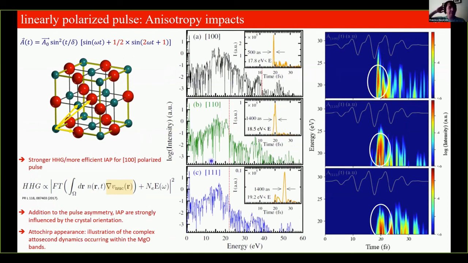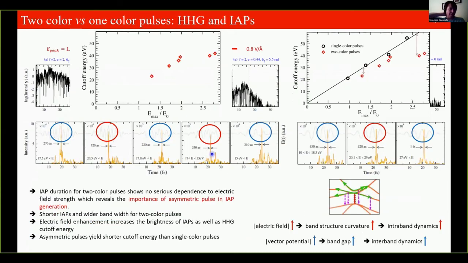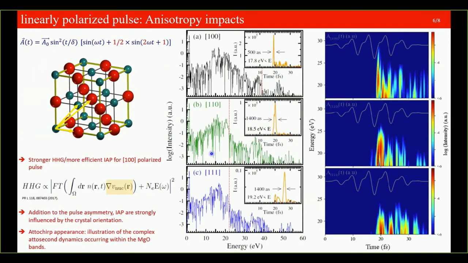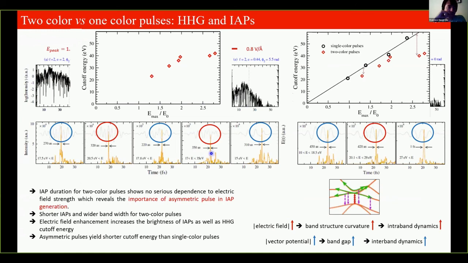I think it was slide number 5, because this is the anisotropy of the material, no, right? Here I don't speak about anisotropy. But in slide number 5, you mentioned the importance of asymmetric pulse in the production of the attosecond pulses, right? Yeah. So how do you quantify the anisotropy? What's your definition, or how do you perform that study of the anisotropy of the pulse?